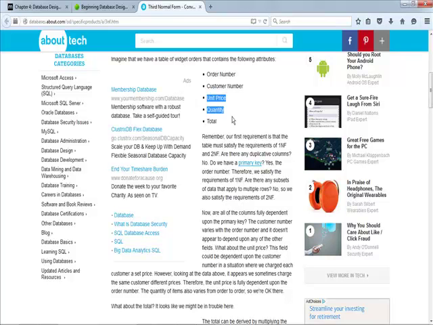Rather, you put in their date of birth, because you can always figure out their age by taking the current date and subtracting from it their date of birth.